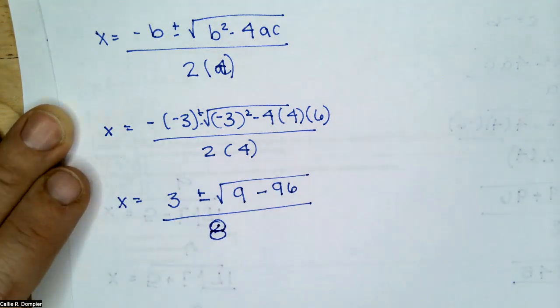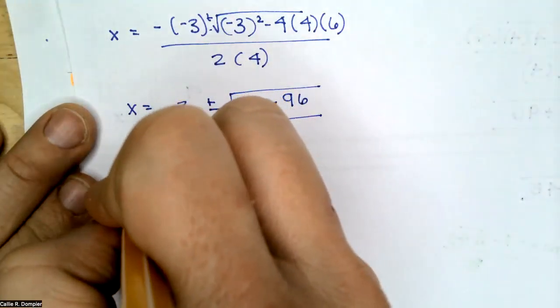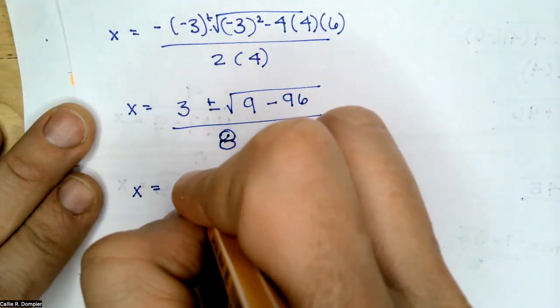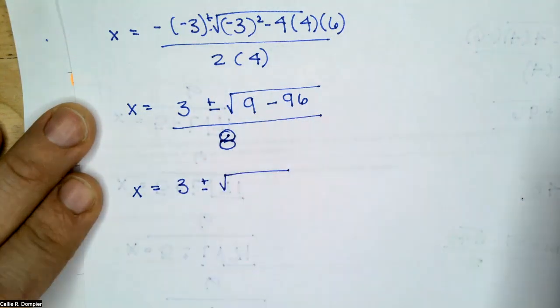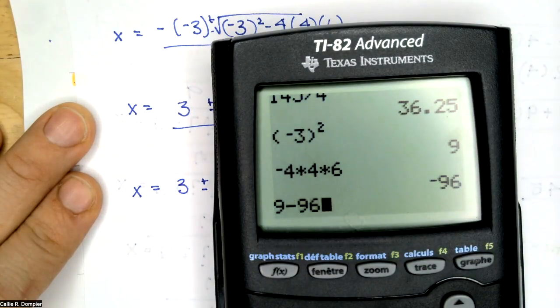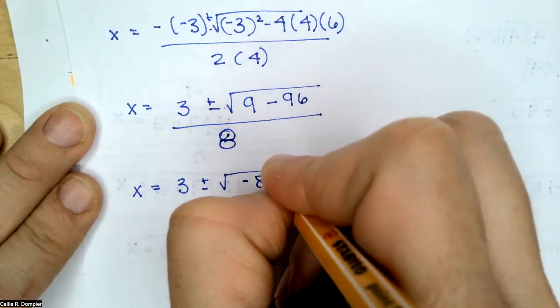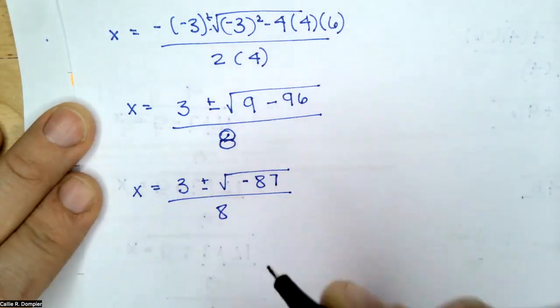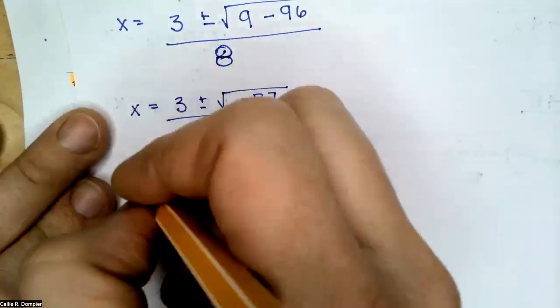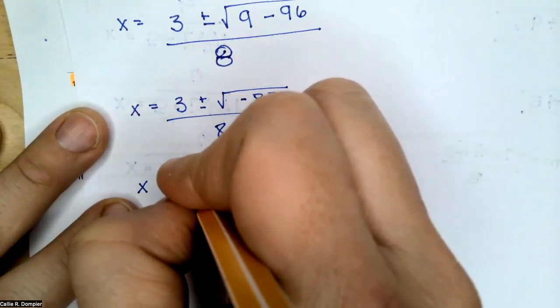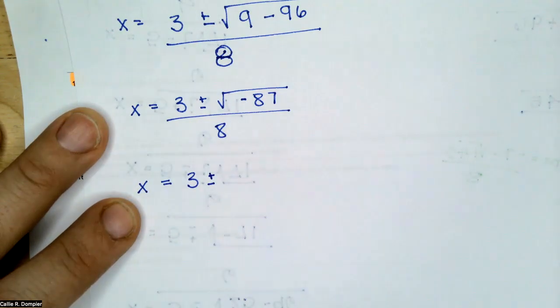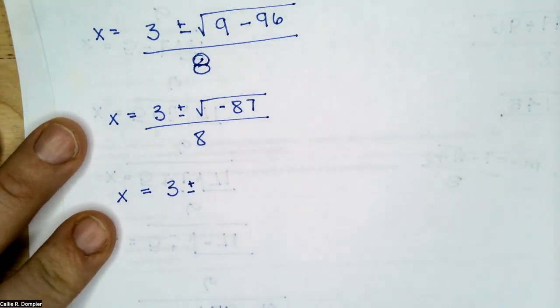I wanted to write 4 because I was saying the word 4. X equals 3 plus or minus the square root of 9 minus 96, which is -87, over 8. Okay. X equals 3 plus or minus the square root of -87.